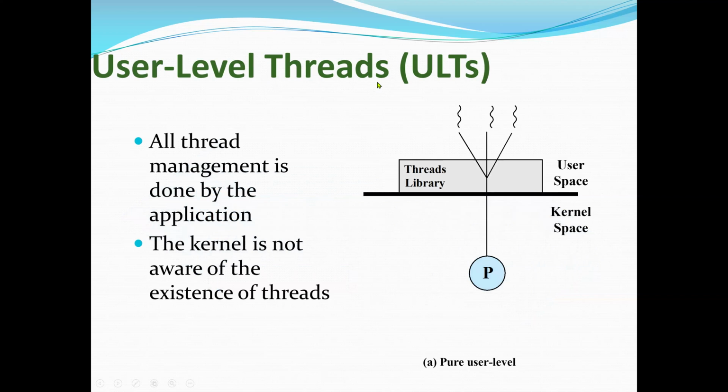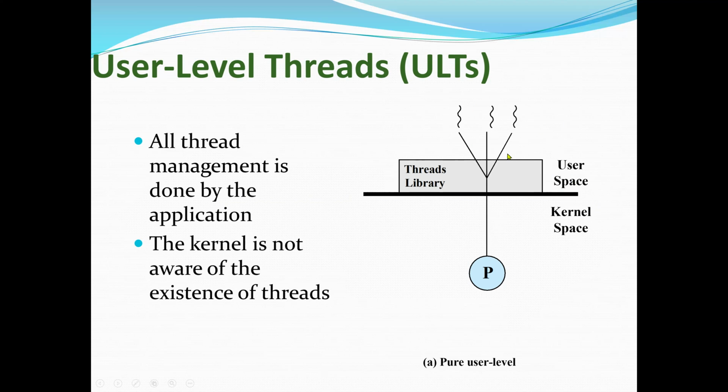In a pure user level thread facility, all of the work of thread management is done by the application, and the kernel is not aware of the existence of threads. This diagram can illustrate the pure user level thread. We can see the thread library at the user level at the top, and the kernel level down.